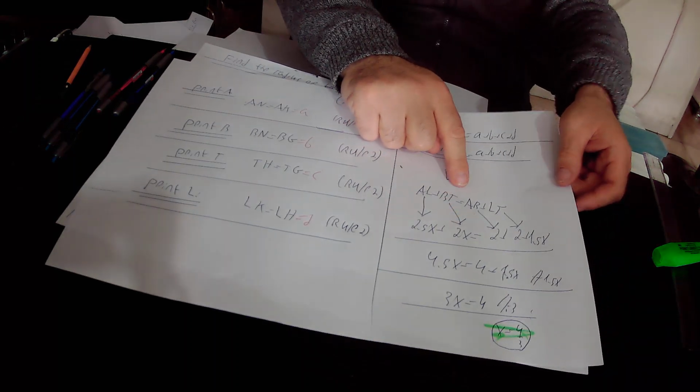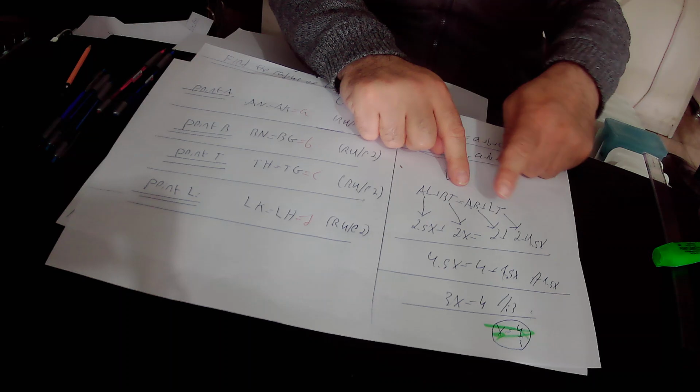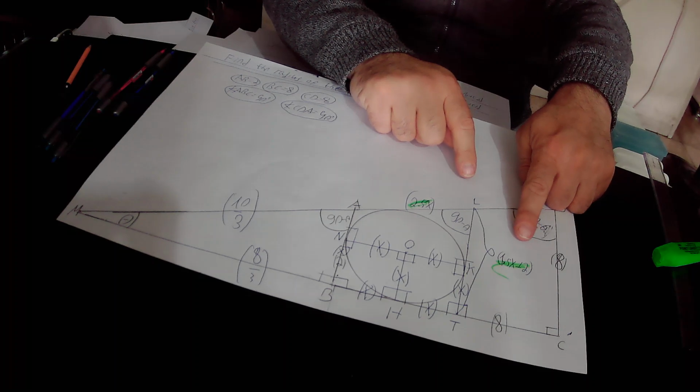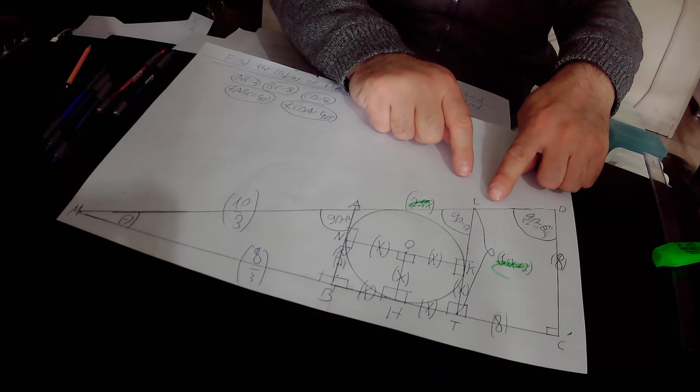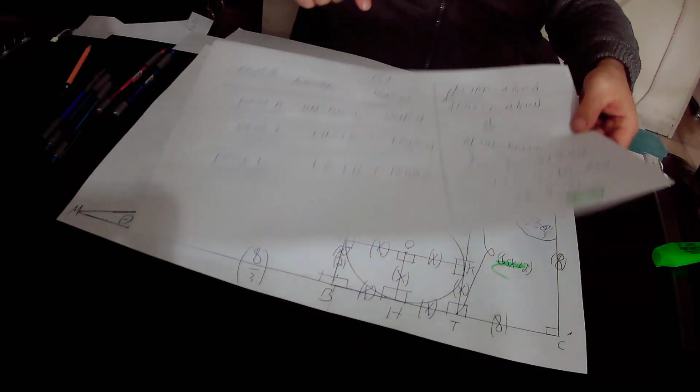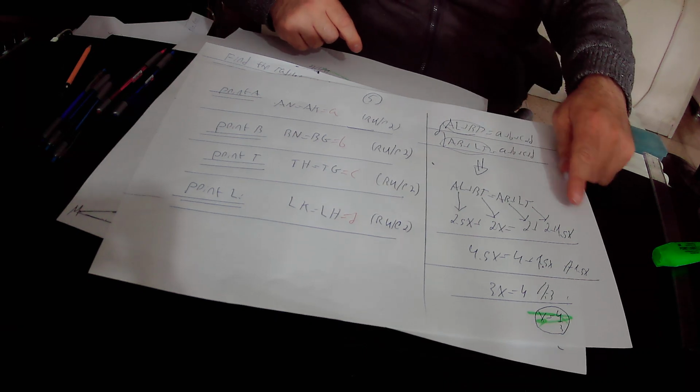And it is equal to AB. AB is 2, so we substitute AB by 2 plus LT. LT equals 1.5x plus 2, so we substitute LT by 2 plus 1.5x.